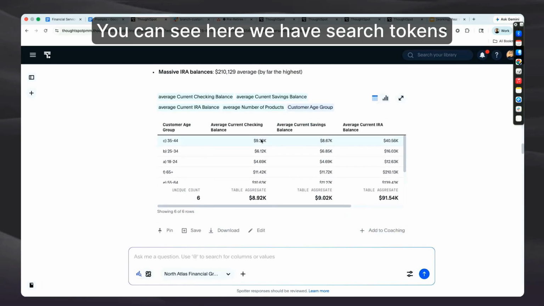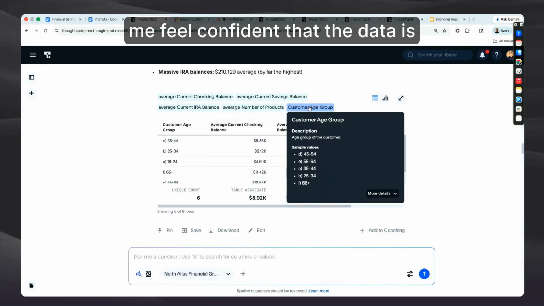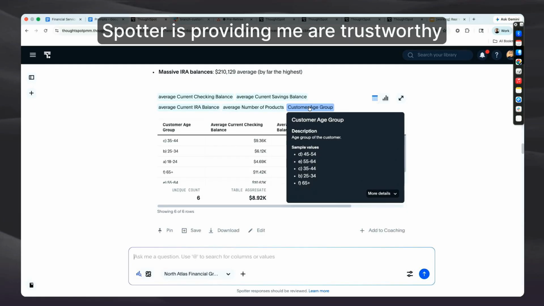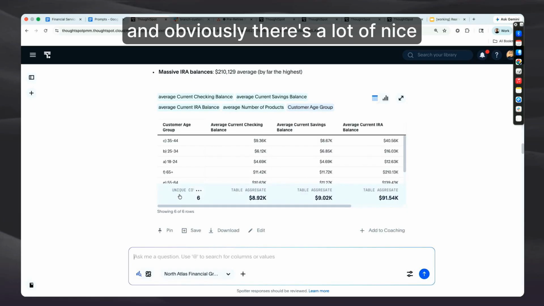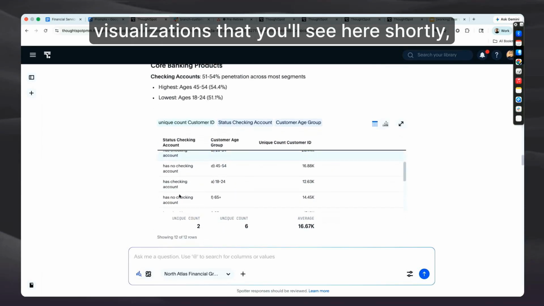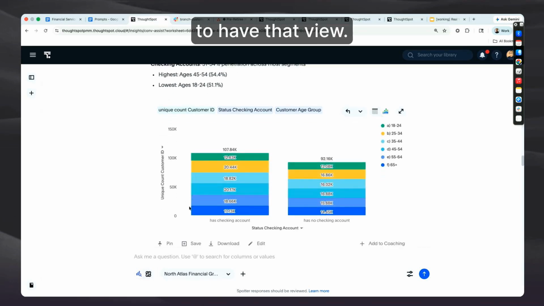You can see here that we have search tokens, which are really advanced, and they help me feel confident that the data is accurate and that the insights that Spotter is providing me are trustworthy. And obviously, there's a lot of nice visualizations that you'll see here shortly. I can switch to the visualization if I'd like to have that view.